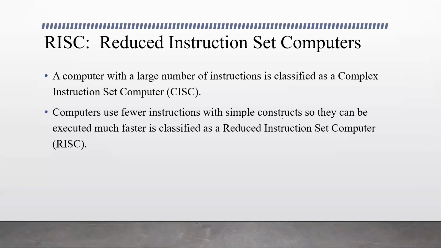So if we see the instructions separately, the format of the instructions is very simple here, so they can be executed much faster. These types of computers are classified as reduced instruction set computers.